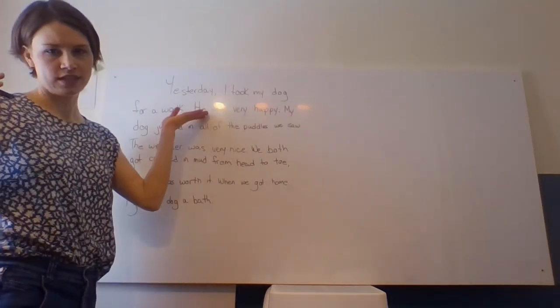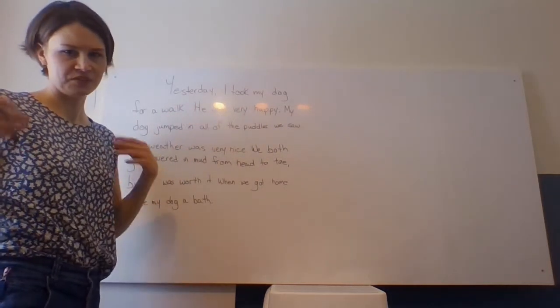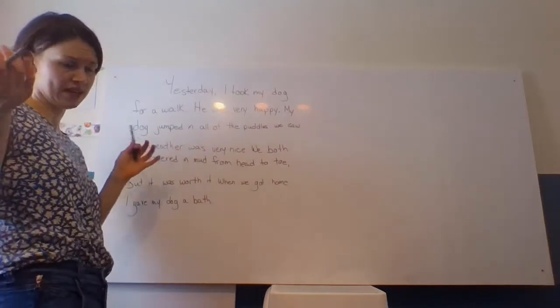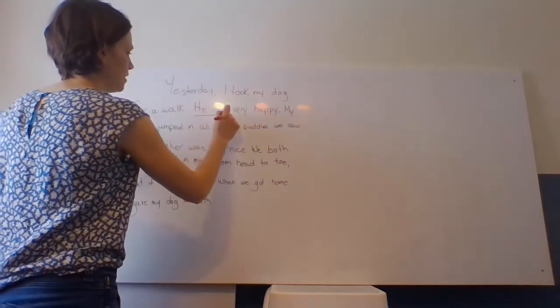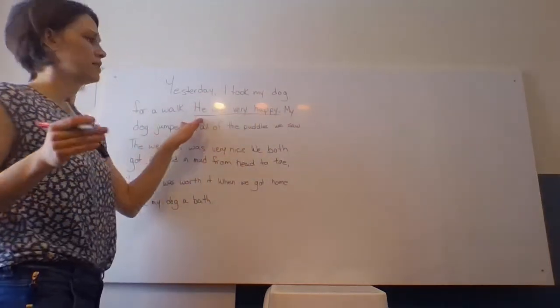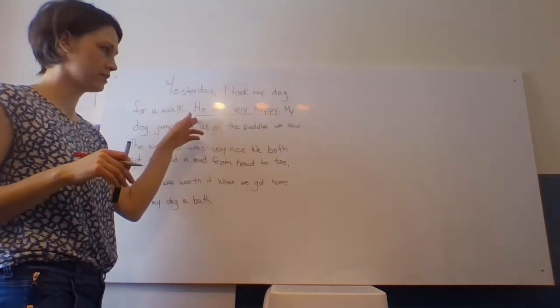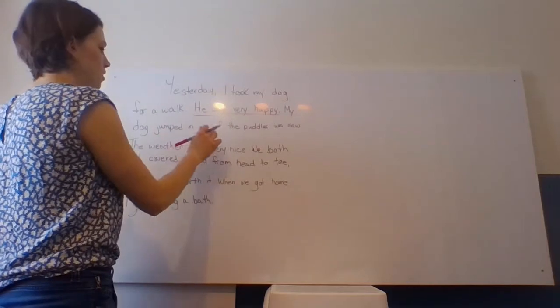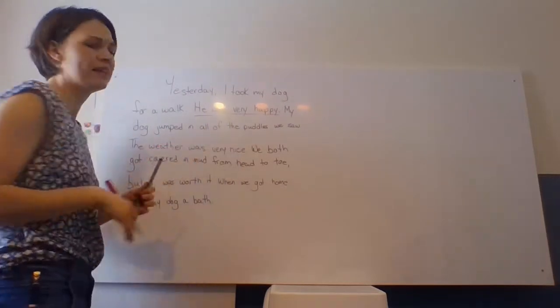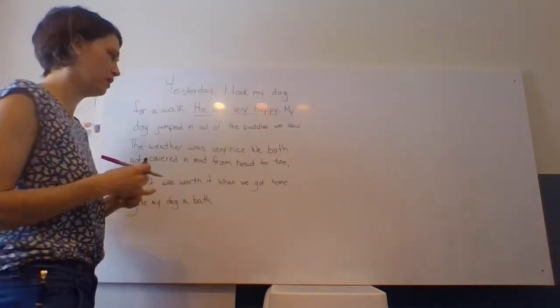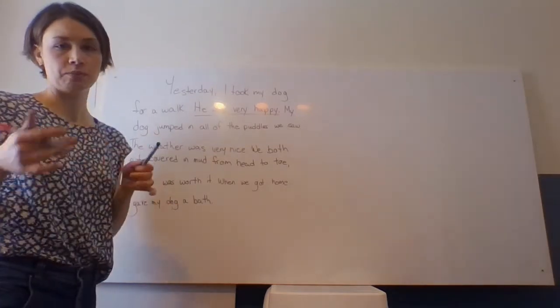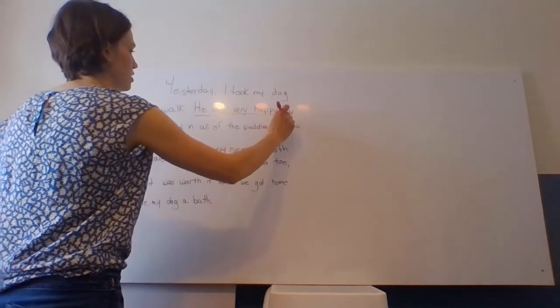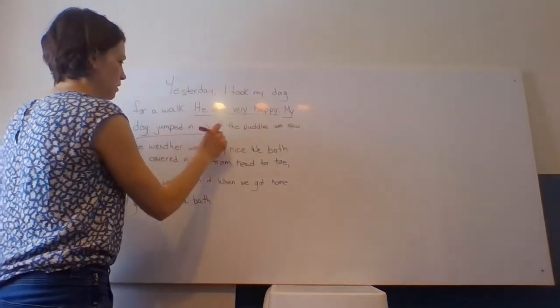This is quite a short sentence and it isn't very interesting. He was very happy. Okay, so what? Let's underline this one because I think we can improve this sentence with sentence branching. My dog jumped in all of the puddles we saw. Also, this doesn't have a lot of rhythm to it, and we could provide more information with sentence branching. So let's underline this one.